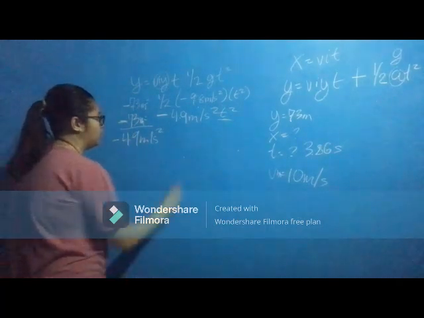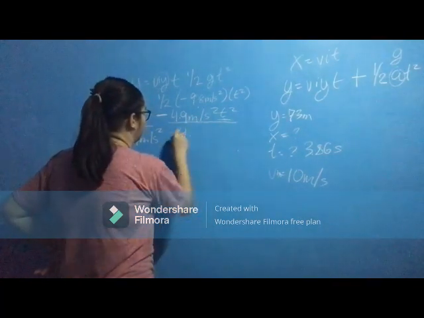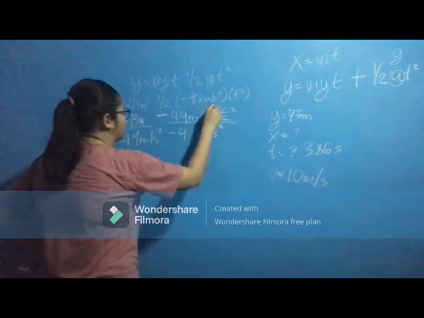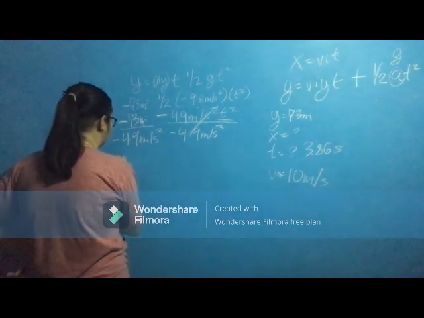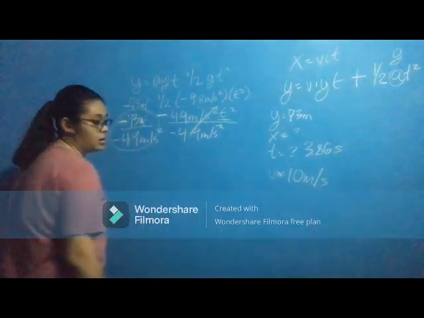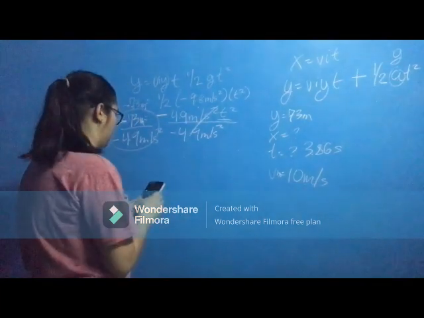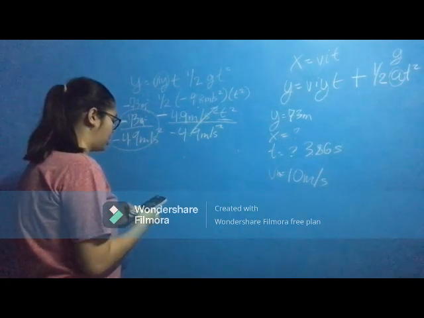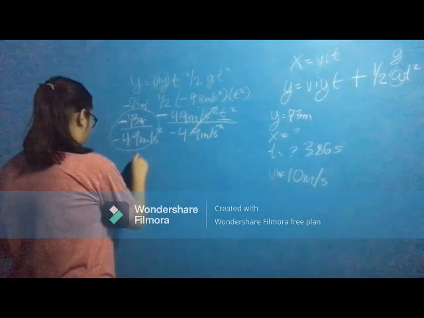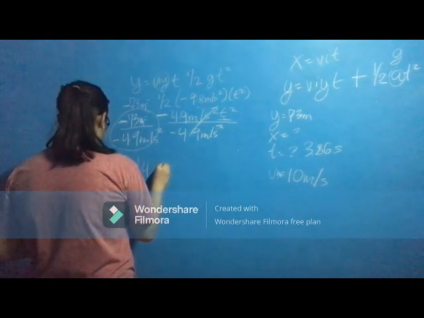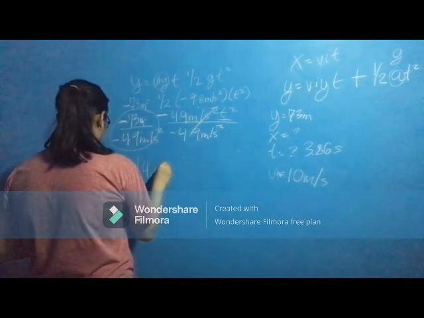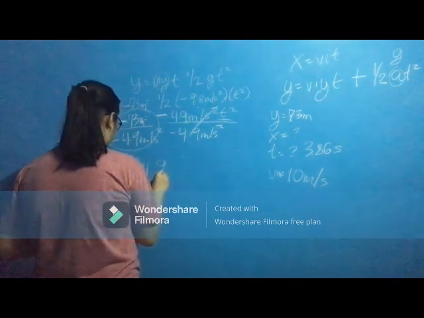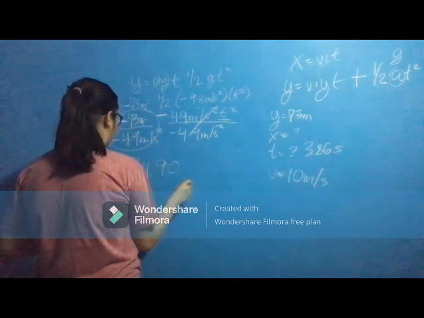Let's do that, shall we? Per second squared. Cancel this out, which leaves us with this. In our calculators, negative 73 divided by negative 4.9 would be 14.9, rounded off.